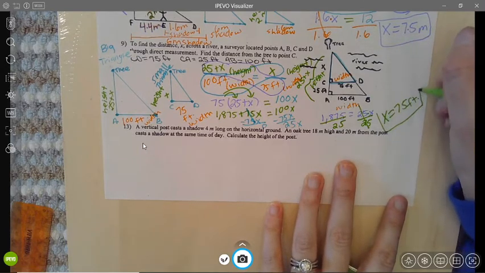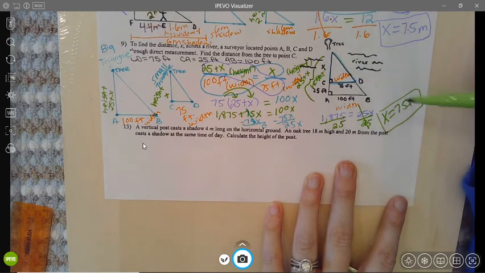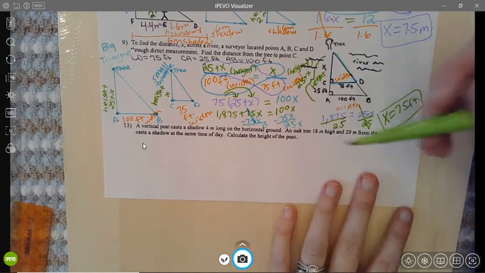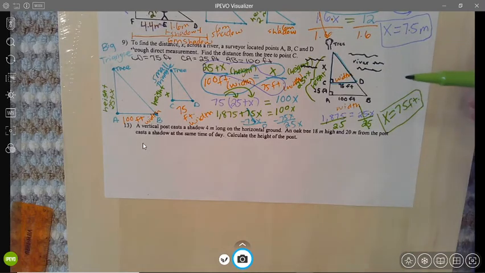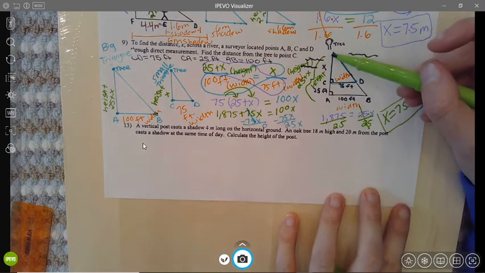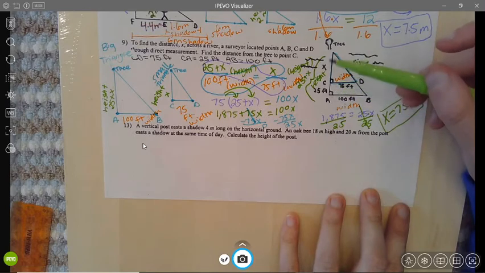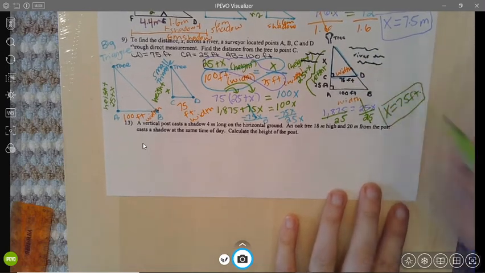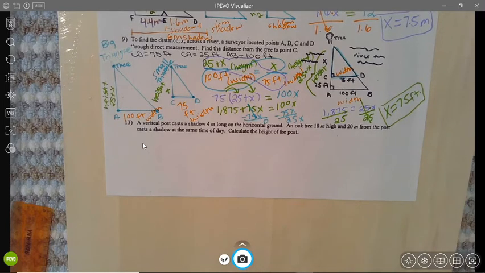So the approximate width of our river is 75 feet. This is a way that surveyors or different types of measurements can be used to find measurements that are hard to do, like the width of a river. This is called indirect measurement, and that's when similar triangles are used quite a bit. So there you go.